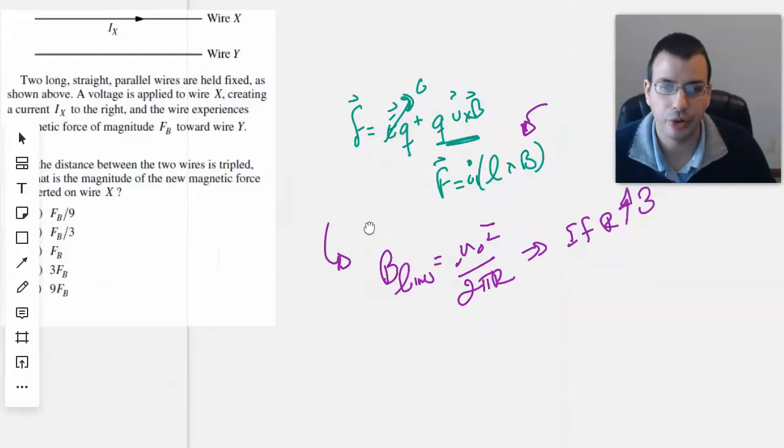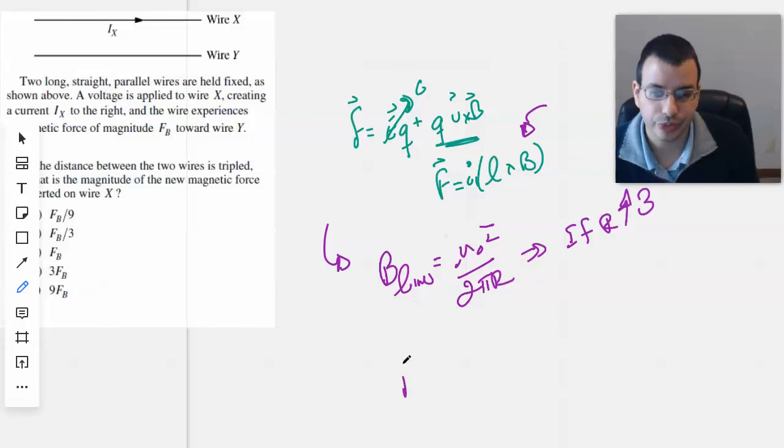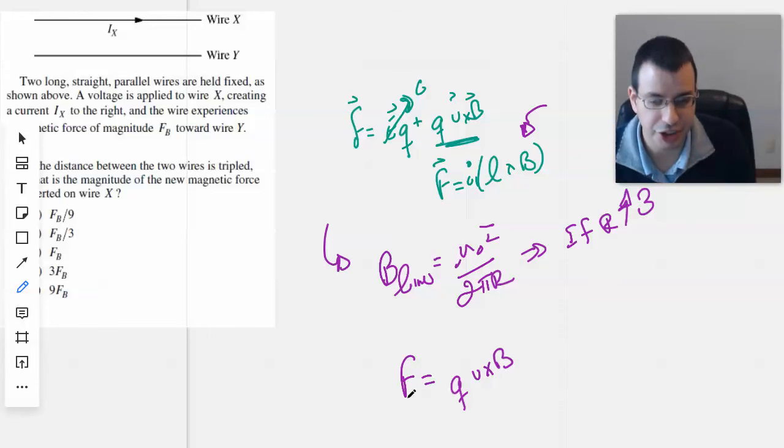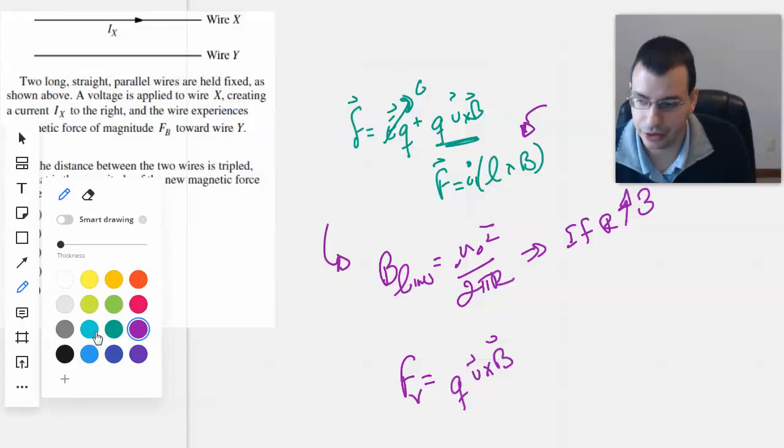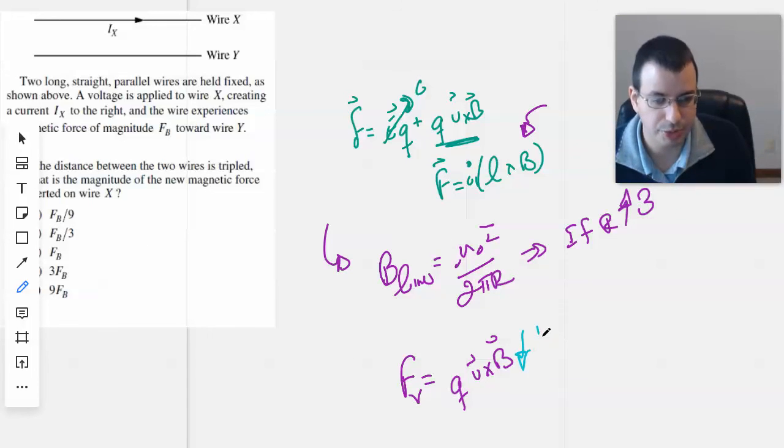And so F equals QV cross B, and this is all going to be on X. And if the magnetic field drops by 1/3, then the force on X will drop by 1/3.